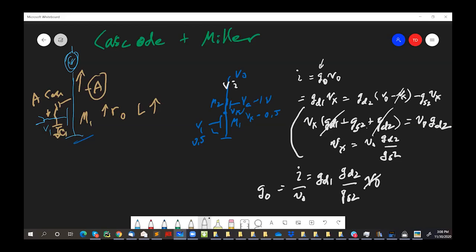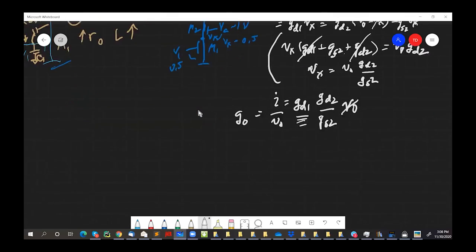Okay, this is all kind of abstract here, right? But do you see how it's the product of GD1 divided by GS2 divided by GD2? What's that? Isn't that just the intrinsic voltage gain? It's the ratio of the source conductance to the drain conductance.